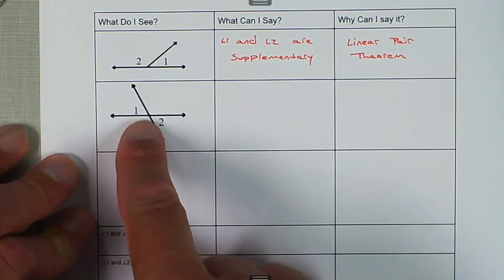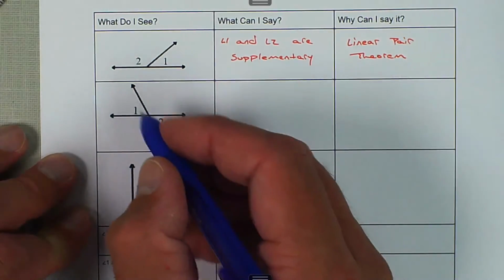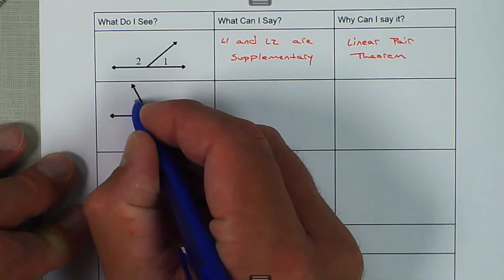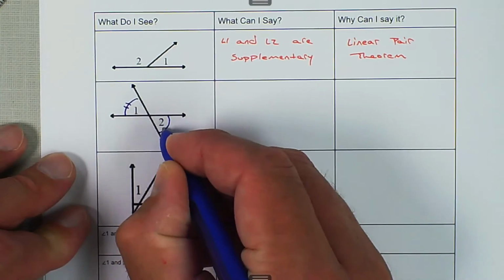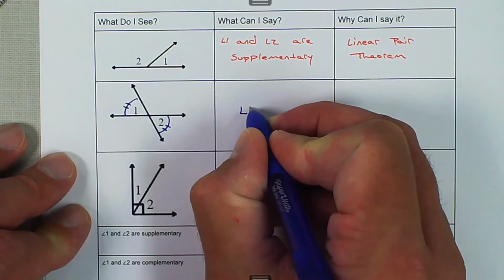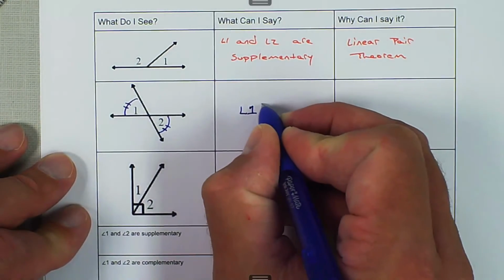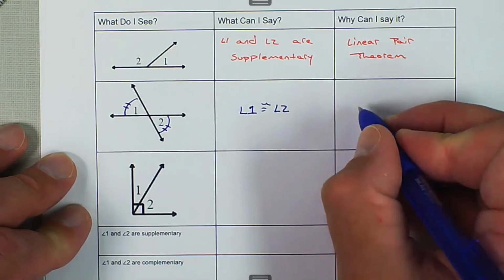Next, we have angle 1 and angle 2, and those are formed by intersecting lines. And remember, vertical angles. So what I'm going to do is make this mark here because these are vertical angles. And if I know they're vertical angles, then I can say angle 1 is congruent to angle 2, and that is vertical angle theorem.